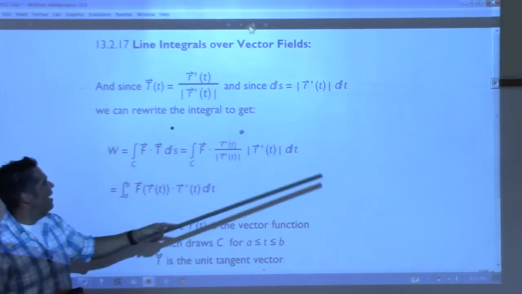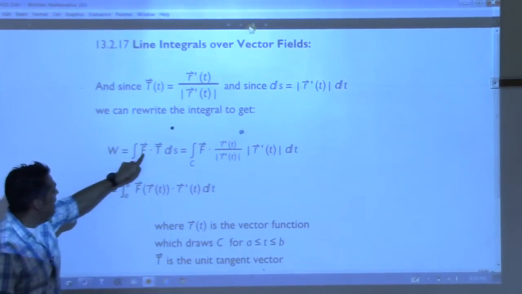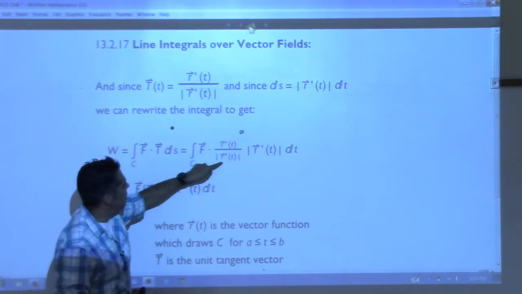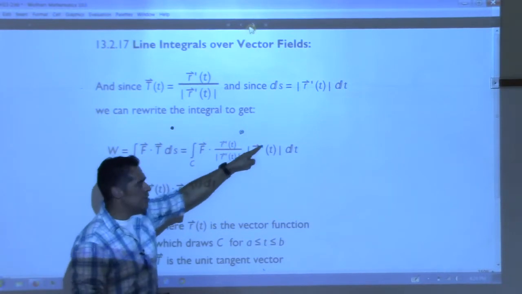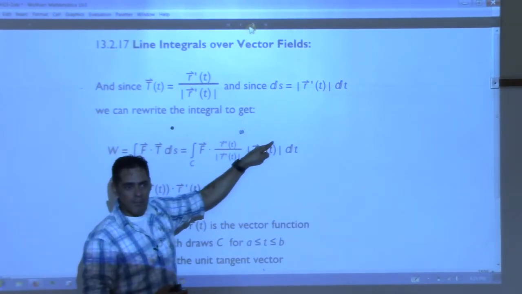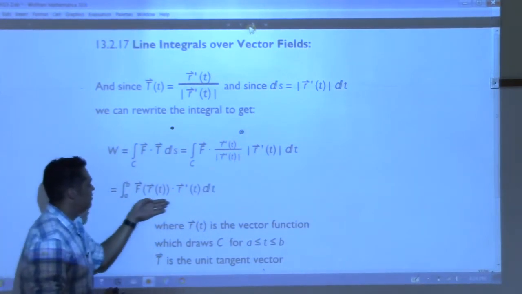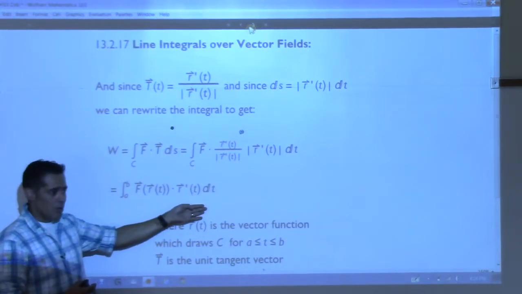What's great about that is that when you plug this into the formula, look, F is F, right? But look at what these two do. This is this, right? And this is this. And do you see they cancel? You see these cancel? And because those cancel, you get a final formula right here, which is the one we're going to work with, which is very clean and easy to work with.